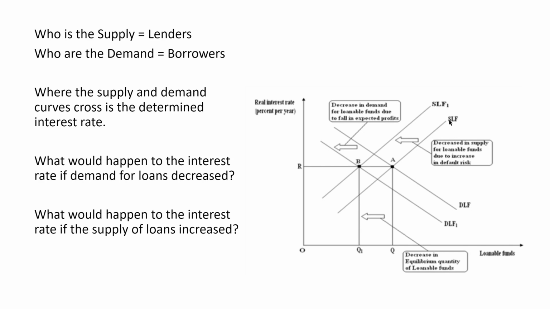So SLF stands for supply for loans, and DLF, demand for loans. That's different. This is the origin right here. There's A, boom. But if demand decreases and supply decreases, there's no change in the rate. Okay, they're still the same. Now the number of loans has decreased, but the rate has not decreased.